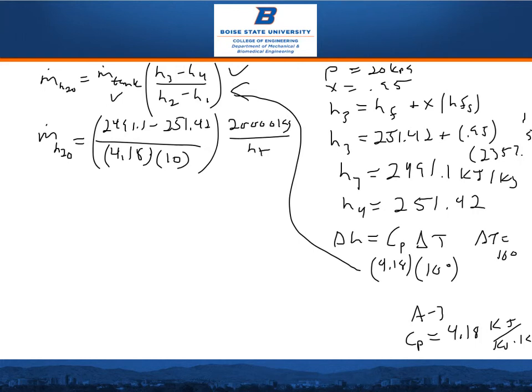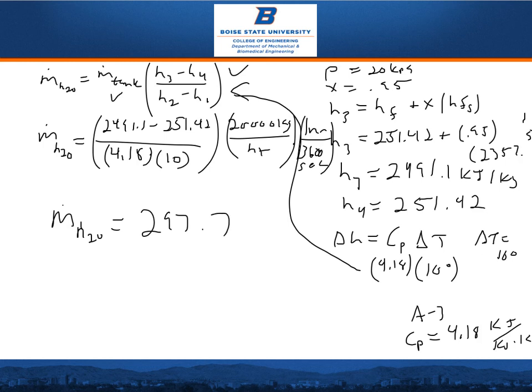We need to be careful there because we want that in kilograms per second, so we'll take that times 1 hour per 3,600 seconds. And we're getting a mass flow rate of H2O equal to 297.7 kilograms per second.